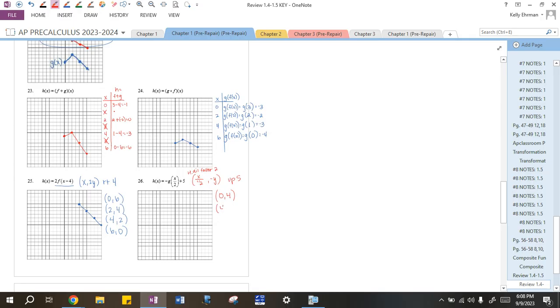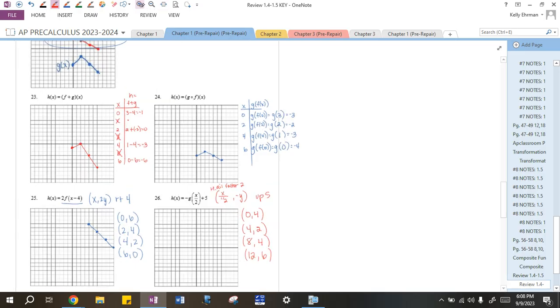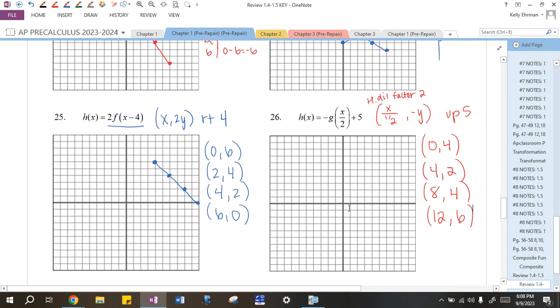So this is going to be 4, +2. 4, -4 is going to become 8, +4. And I guess this one will be off the grid a little bit, but that's okay. We've got 6, -6. So this is going to become 12, 6. And then all of those will go up 5.